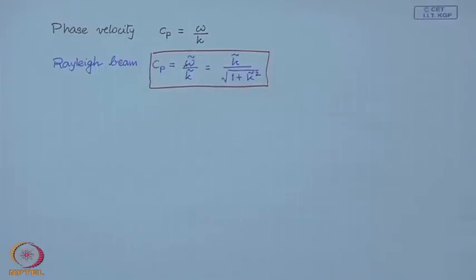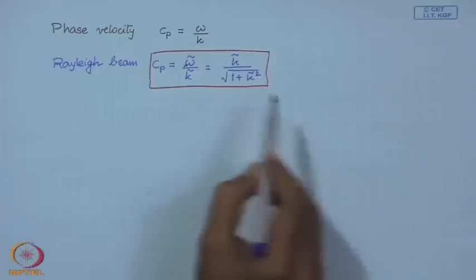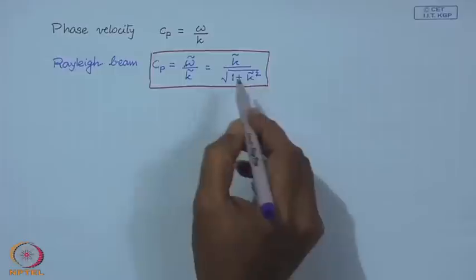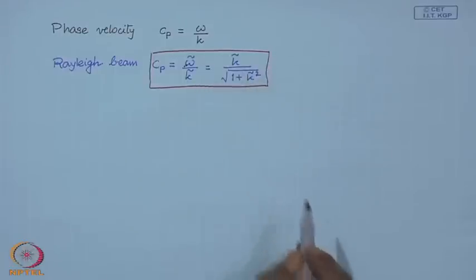It is plus or minus, but then it represents the speed in the positive and the negative directions. So, the phase speed is k tilde over under root 1 plus k tilde square.